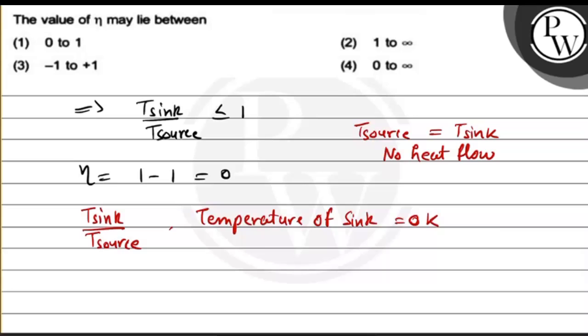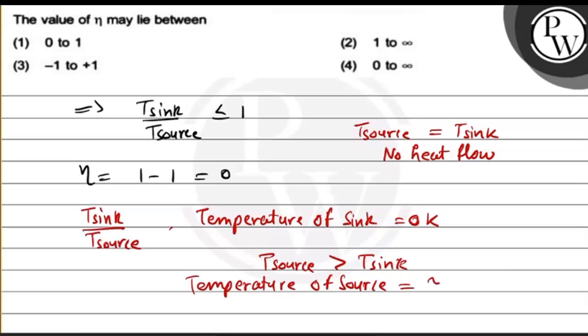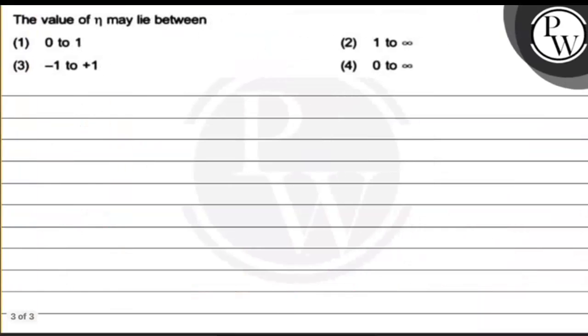Since T of source is always greater than T of sink, either temperature of sink is 0 Kelvin or temperature of source is equals to infinite. Okay, so in both these cases, what do we have? We have the ratio.